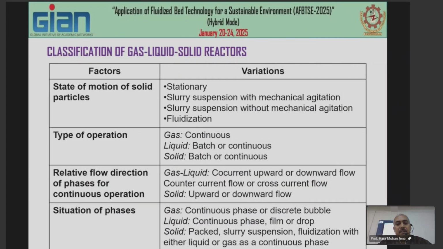Solid may be flowing in an upward or downward direction. The situation of phases: the gas is the continuous phase or in discrete bubble form, moving in the bed. Liquid is a continuous phase or in the form of film or droplets. Solid is either packed, slurry suspension, or fluidized, with either liquid or gas as a continuous phase.